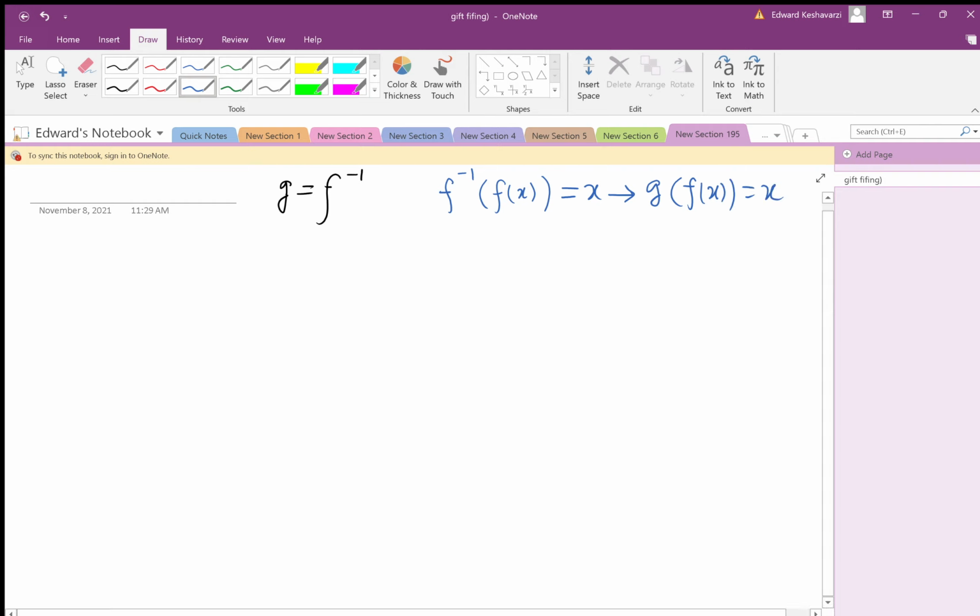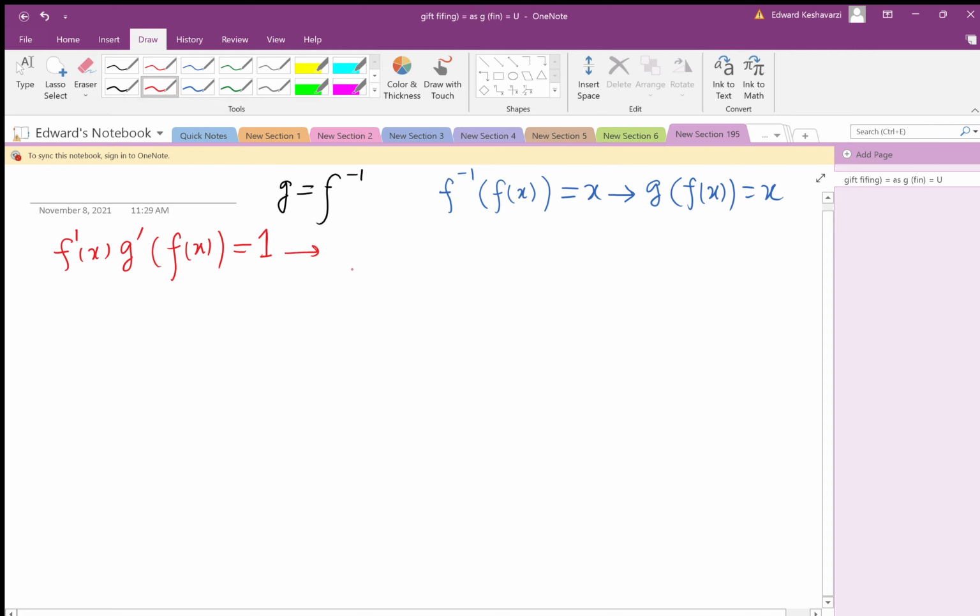Now I'm going to take the derivative of both sides, and as you probably remember, the last lesson was about the derivative of composite function. And we know that first we need to take the derivative of inside function. So it's going to be f prime x times g prime f of x equals 1, because the derivative of x is 1.